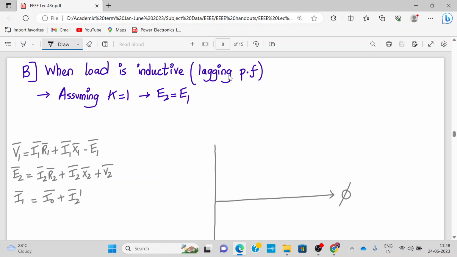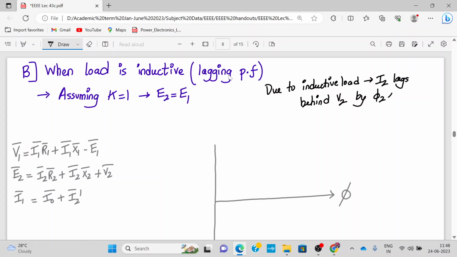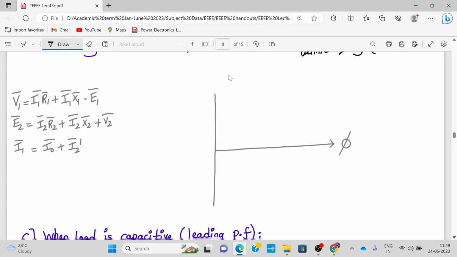As the load is inductive, due to the inductive nature of the load, your current I2 lags behind the voltage V2 by an angle phi 2 less than 90 degree. So only this difference is there. Rest everything, entire procedure remains the same. Alright. So let us start now.